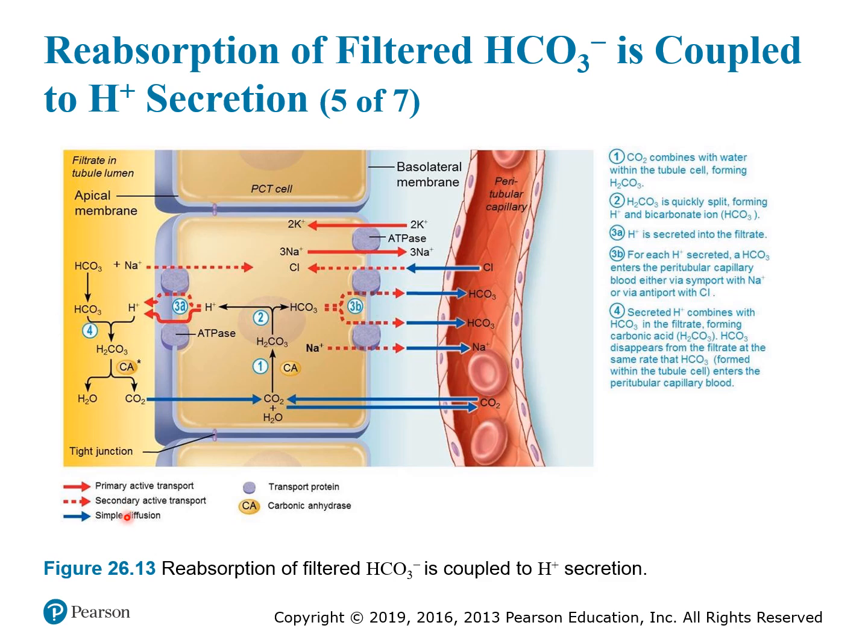So this combines with this, and now we have carbonic acid, and this carbonic acid dissociates into water and carbon dioxide. This carbon dioxide diffuses into the tubule where it triggers further hydrogen ion secretion.